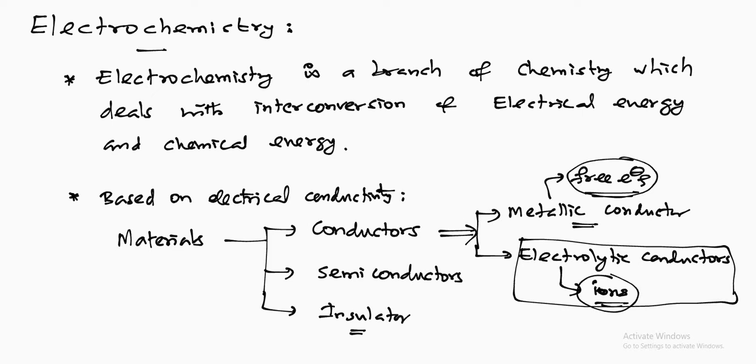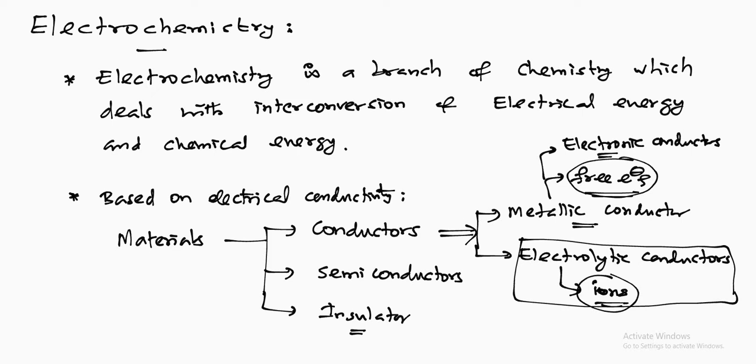In conductors we have two types, metallic conductor and electrolytic conductor. In a metallic conductor, the electrical conduction is due to the movement of free electrons. That's why metallic conductors are also called electronic conductors, because electrons are responsible for conductance.